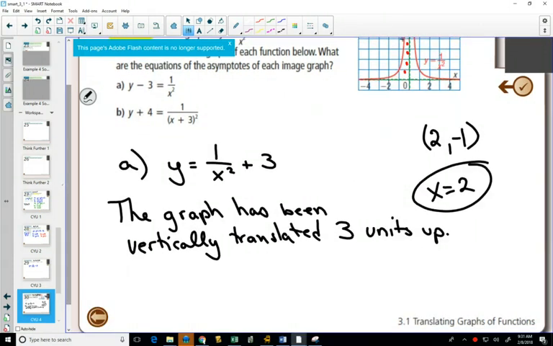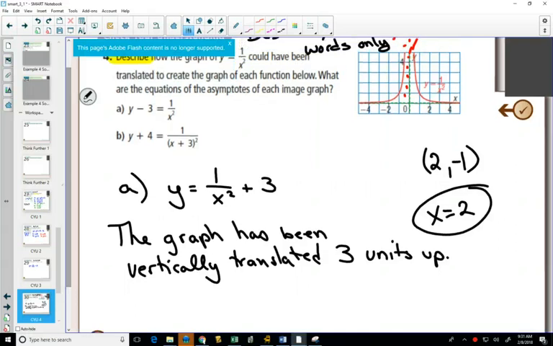This question also says, what are the equations of the asymptotes in your image graph? Well, I'm going to label my asymptotes here in green. That vertical asymptote is x equals 0. This horizontal asymptote is y equals 0. Imagine those 2 dotted lines. If you move the graph 3 units up, which one's going to change, the horizontal one or the vertical one?